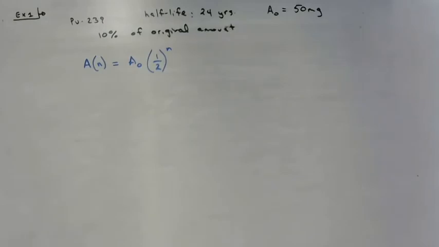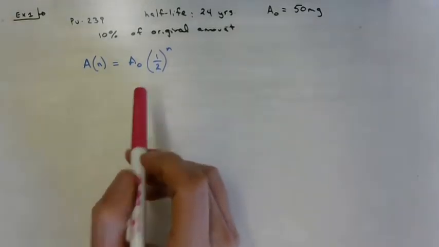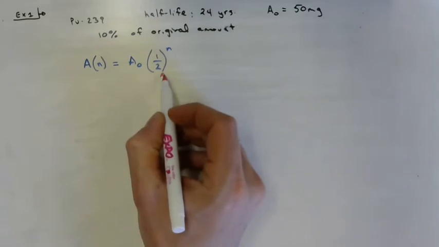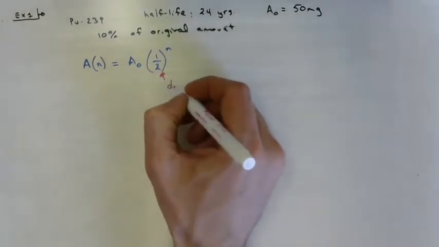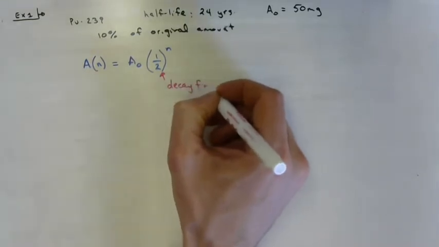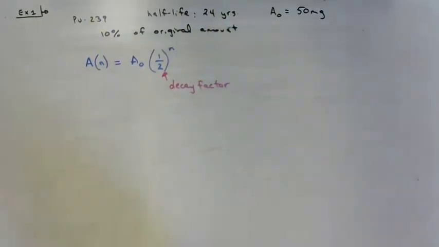I'm going to quickly make a note of what all these pieces are, because you are going to need to memorize this. It's actually the exact same function as the growth function, except this number right here is the decay factor, because it's between 0 and 1. If this were exponential growth, it would be greater than 1.